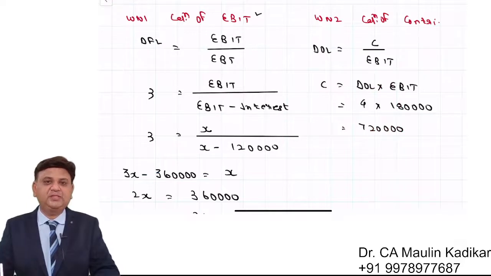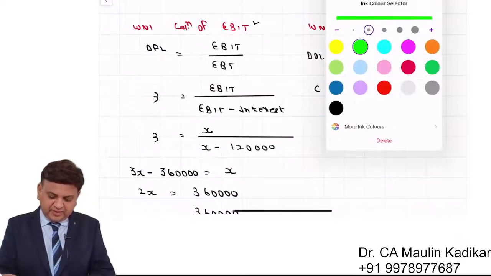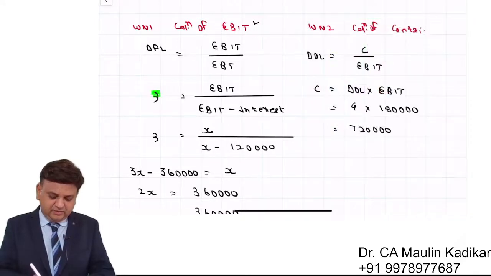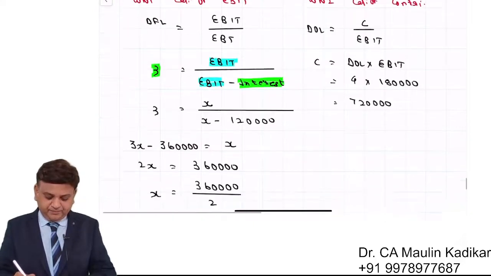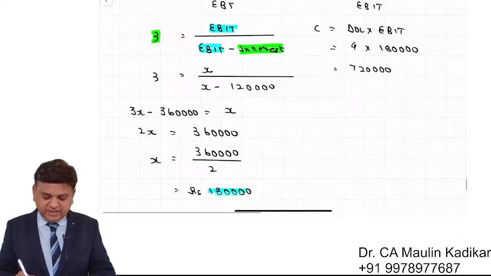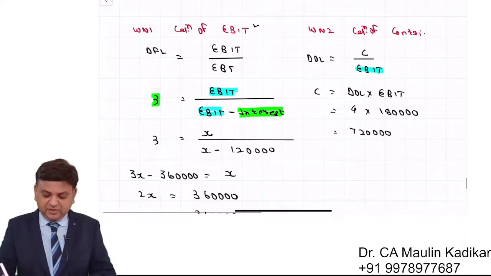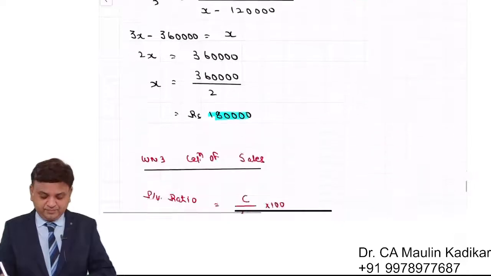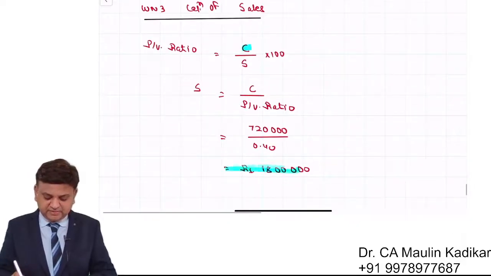So importantly, friends, a small revision of the answer. In this question, we have been provided with the information of DFL and the information about the interest. Taking these two values into account, we make the calculation of the EBIT, and the amount of the EBIT is 1,80,000. Based on EBIT, we have calculated the contribution. Based on the contribution, we have computed the sales.